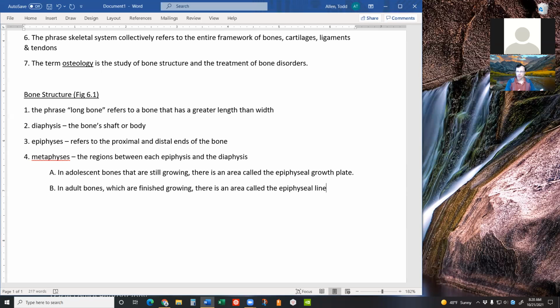The epiphyseal growth plate is what's found in the young childhood bones, where the bones are still growing. The epiphyseal line is found in the adult bones. The epiphyseal growth plate and the epiphyseal line are in exactly the same anatomical position of the bone, but the actual tissue composition of the growth plate and the line are different.